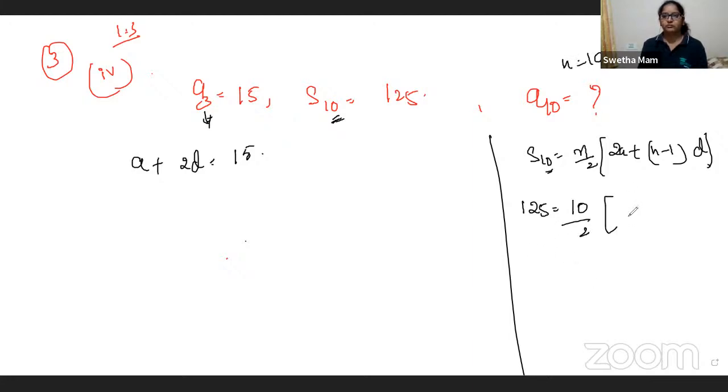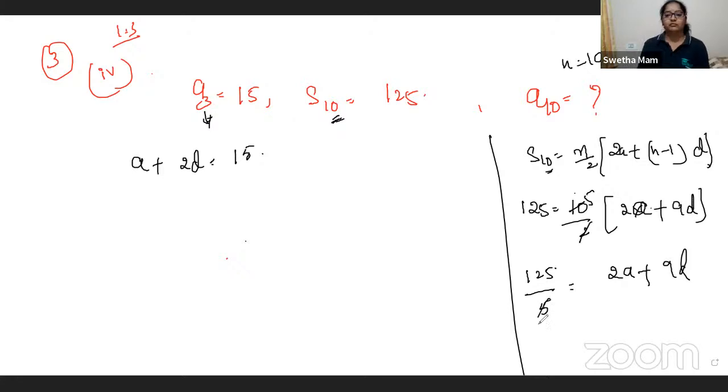10 by 2, 2 into a. We don't know the value of a, right, as it is. n minus 1 is 9d. So we can cancel 2's. So 125 by 5 is equal to 2a plus 9d.